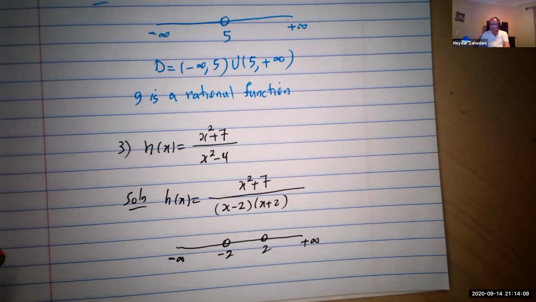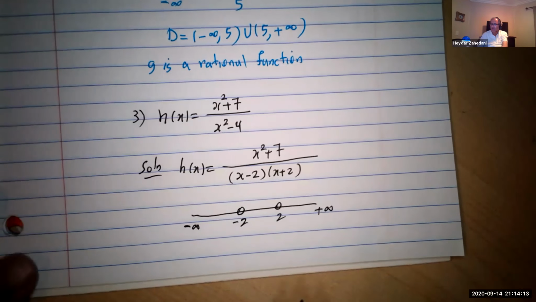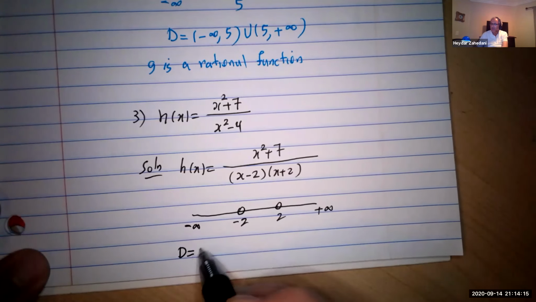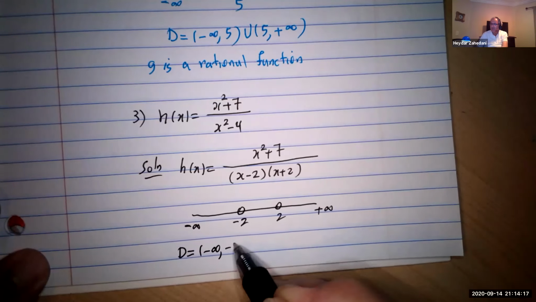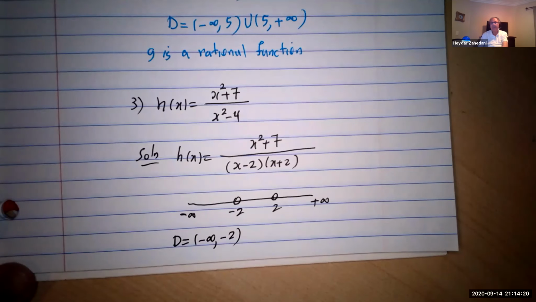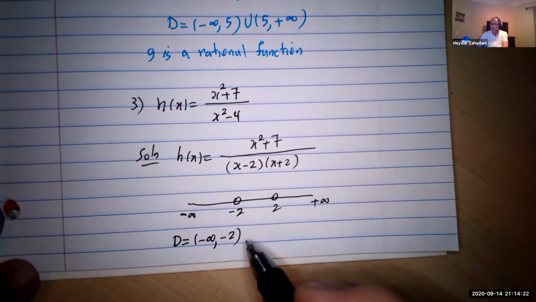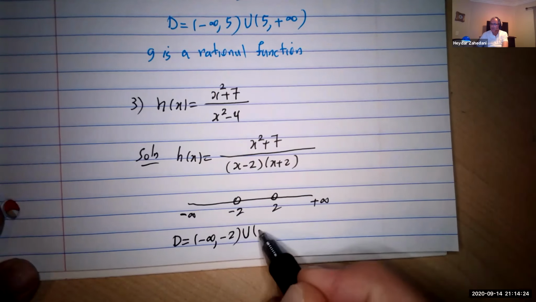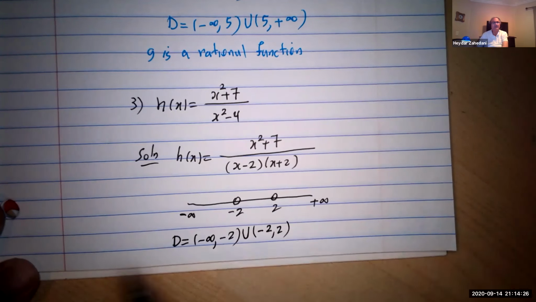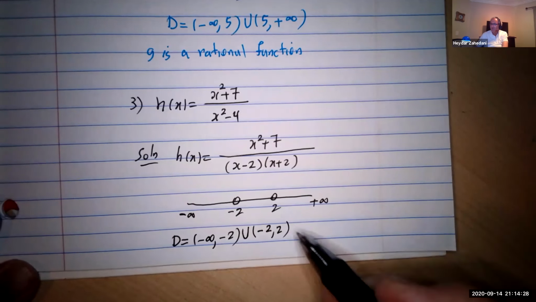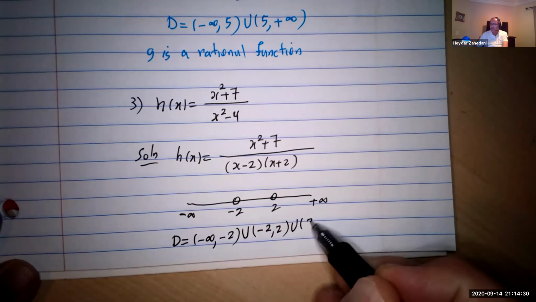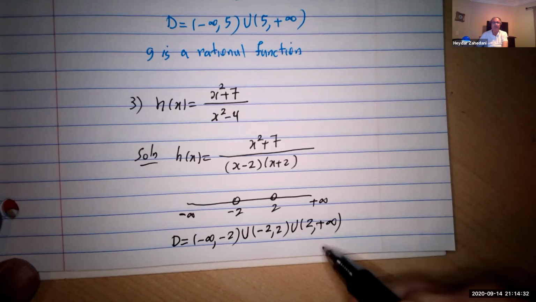So what's going to be your domain? 1, 2, 3. The domain is negative infinity to negative 2, the first portion, union with negative 2 to positive 2, the second part, union with 2 to positive infinity.